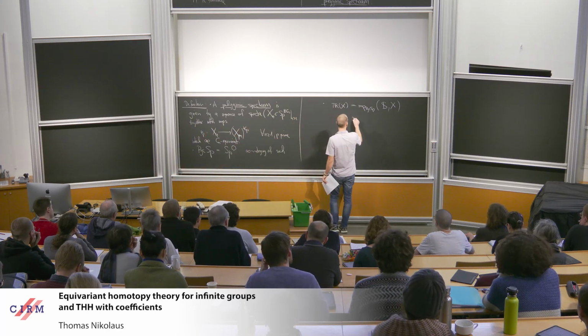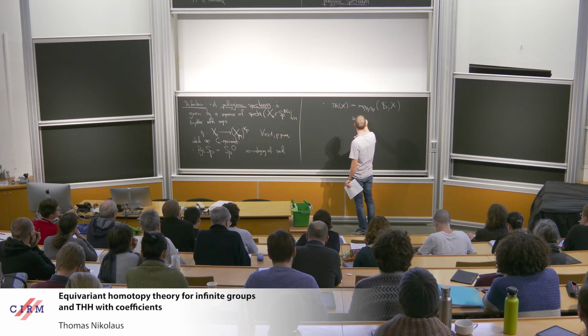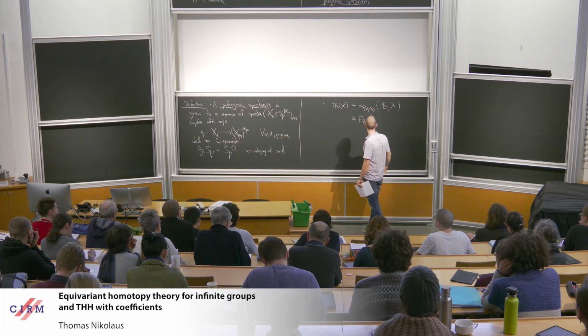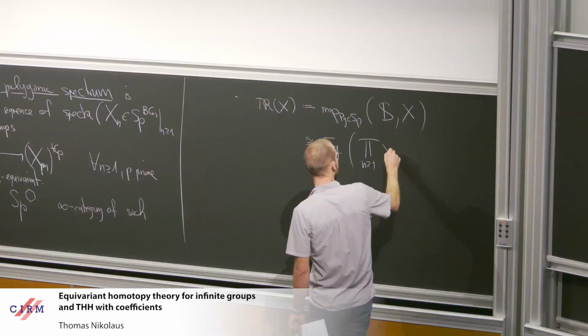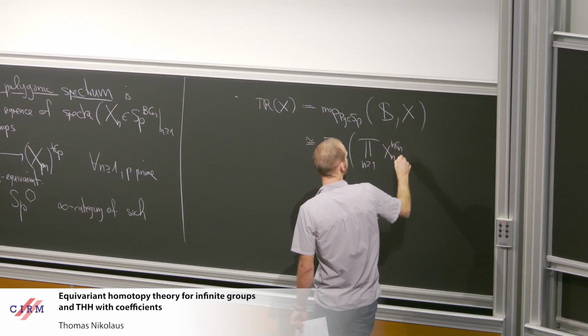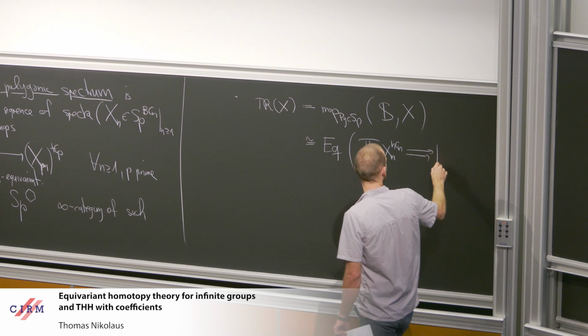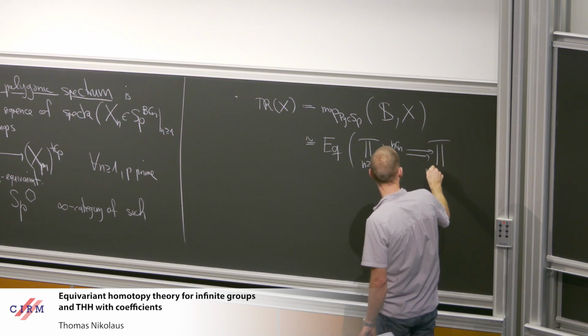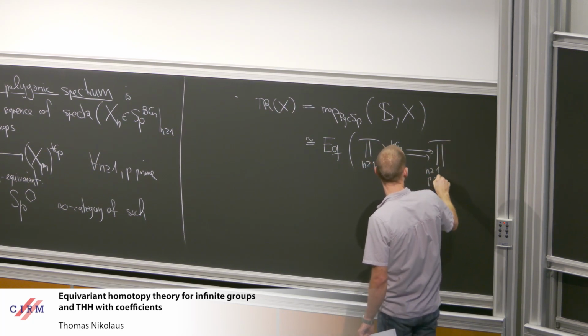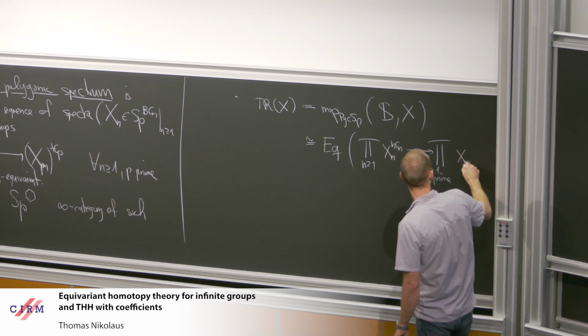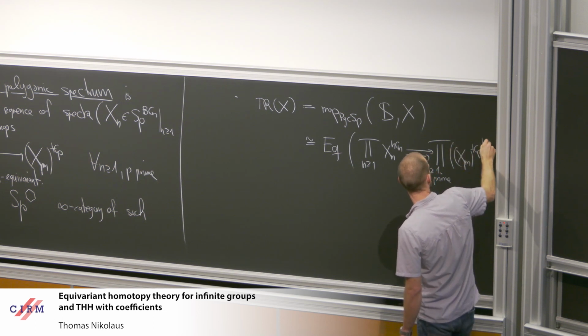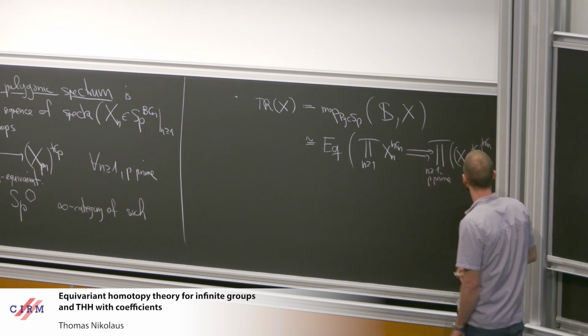And similar to cyclotomic spectra, I can work out what that is. This is actually a huge equalizer of a product over n greater or equal to 1 of X_n to the homotopy fixed points for C_n, and then you have these two maps into a huge product over numbers and primes of X_{pn} Tate C_p, and then homotopy fixed points for C_n.